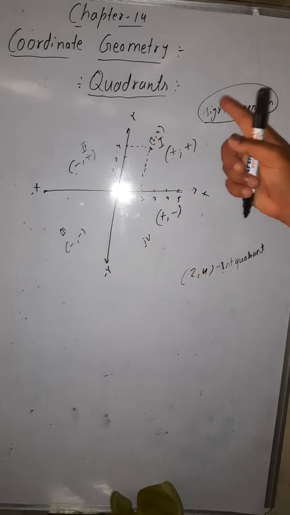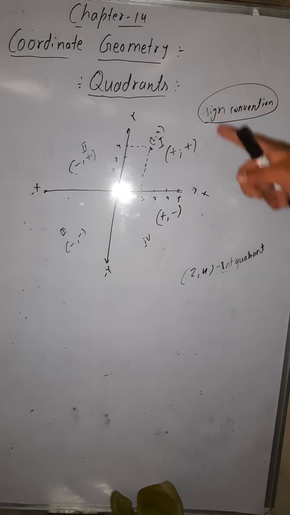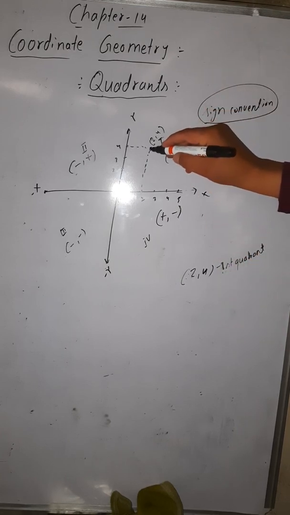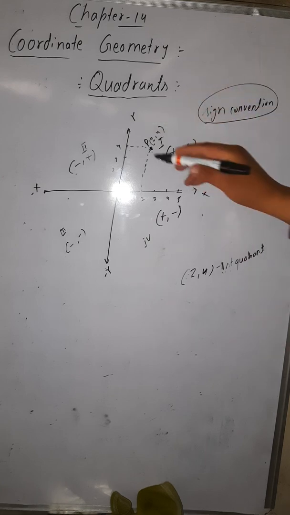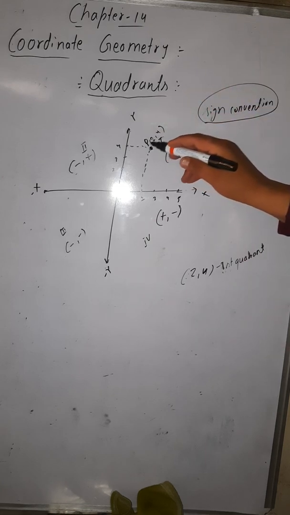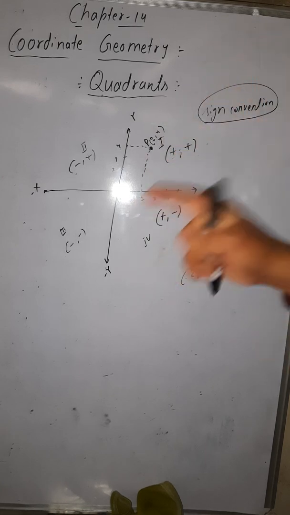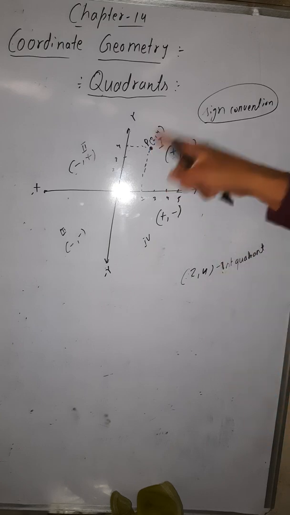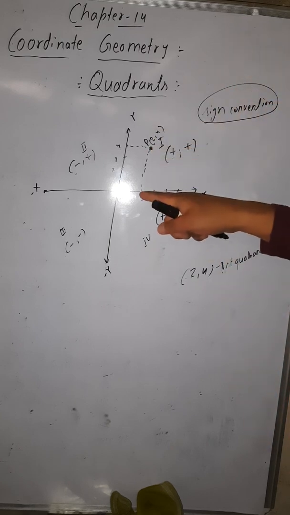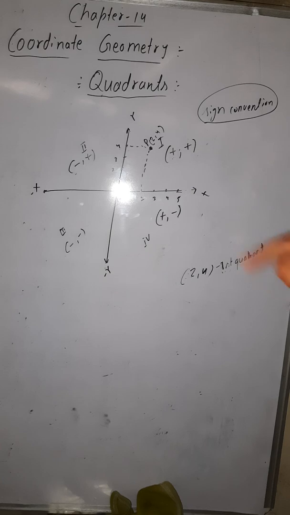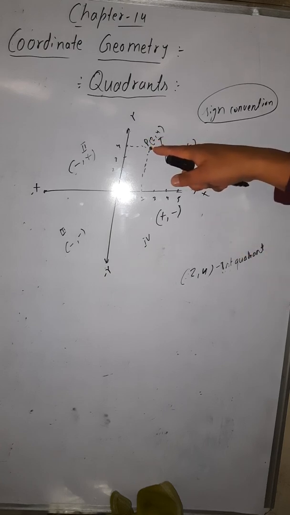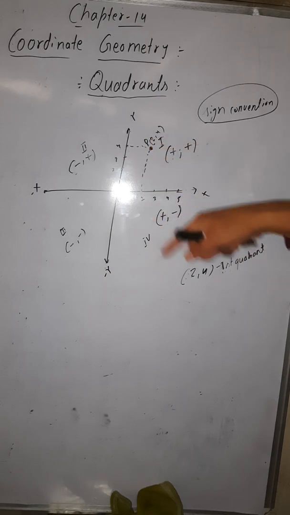Okay, now one more thing you have to tell me. Let's say this is the point P, and the coordinates of point P are (2, 4). Now you tell me, what is the distance of point P from the x-axis?